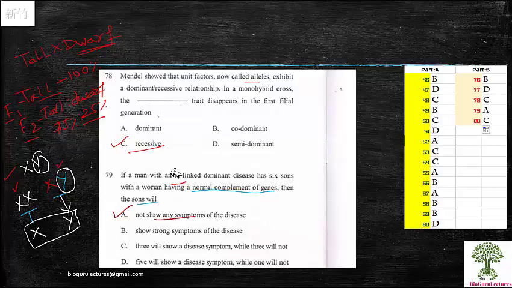According to the question, it is only an X-linked disease. There is no possibility of a boy getting X from the father, and the X chromosome will always be contributed by the mother. Hence, the boys will not be affected by this X-linked dominant disease. Hence, the answer is A.